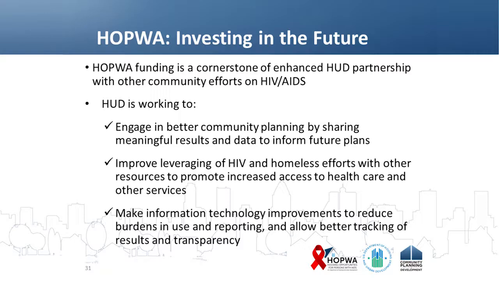HOPWA has really, under HUD and OHH's leadership, focused on engaging in improved community planning on both the national level and promoting it on a local level. They want us to work to improve leveraging of HIV and homeless efforts with other resources, and to improve the way we use information technology to show the results of our programs.